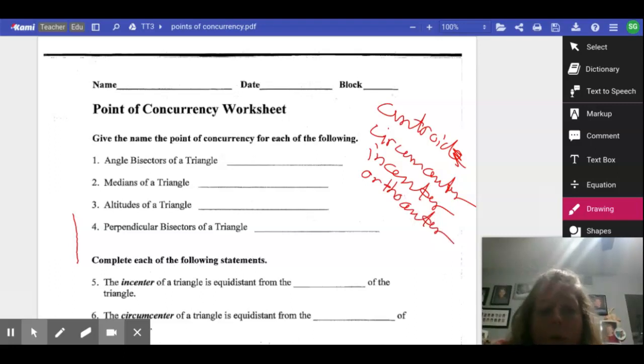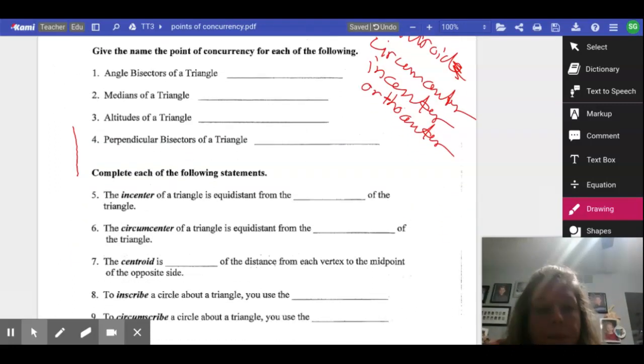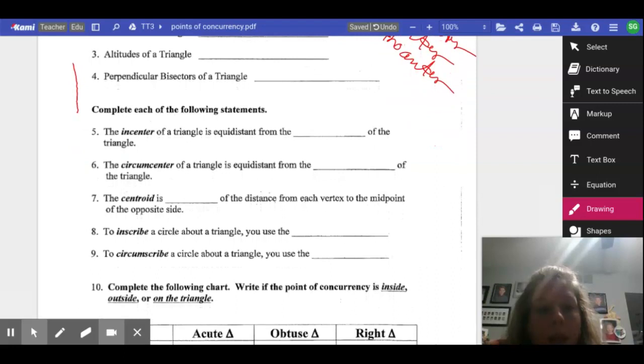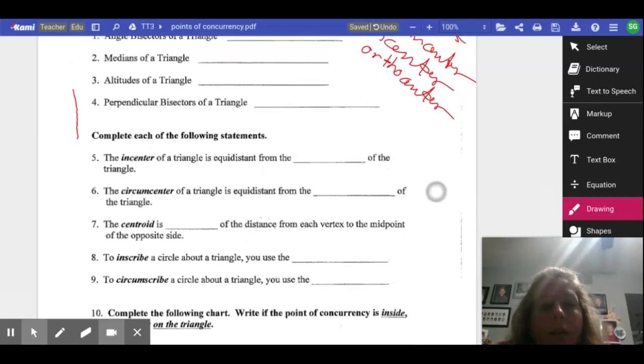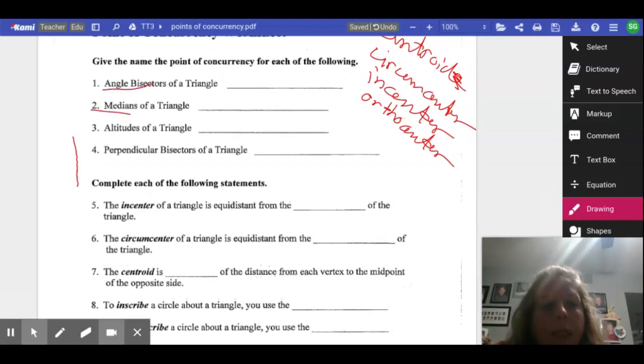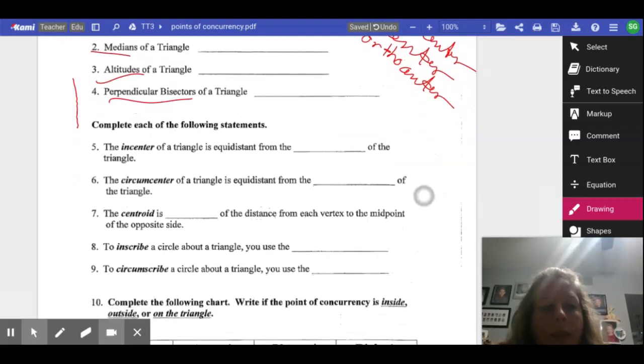Those are the 4 words that are going to fill in numbers 1 through 4. And then for 5, 6, 7, and 8, you're going to use the words from above: angle bisectors, medians, altitude, and perpendicular bisectors.